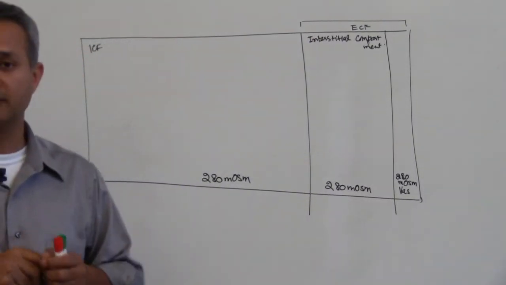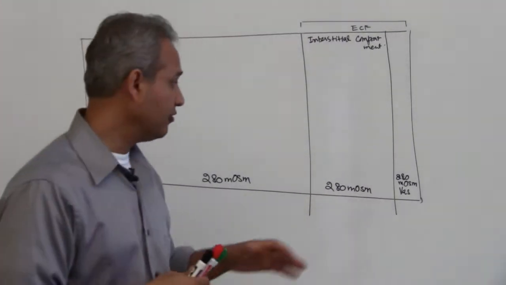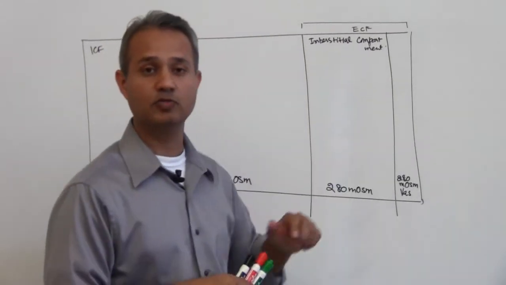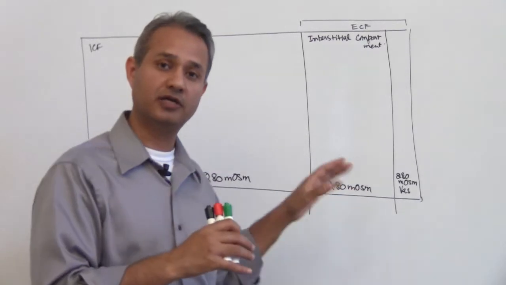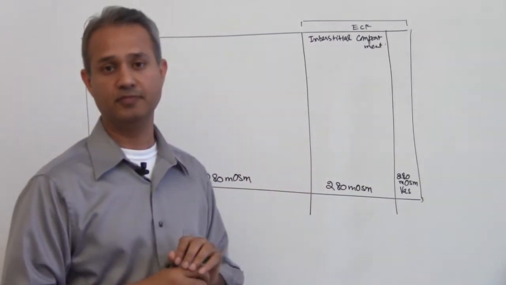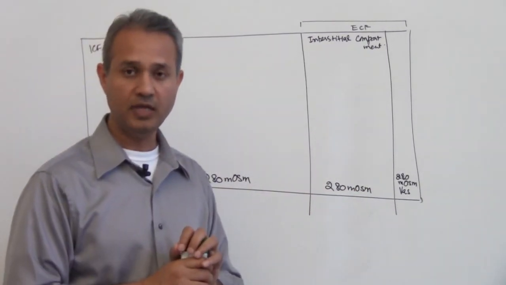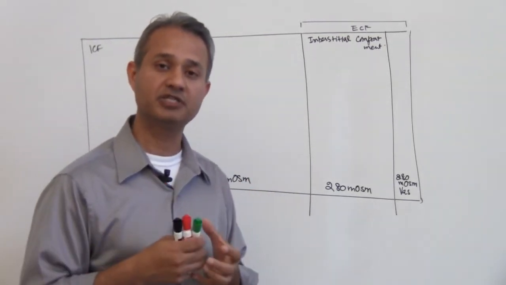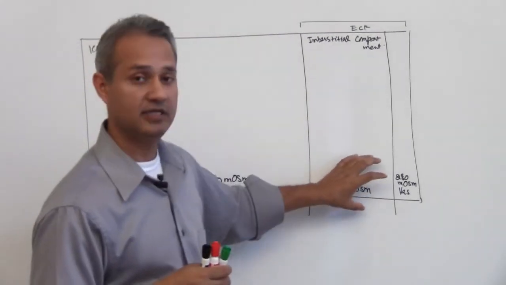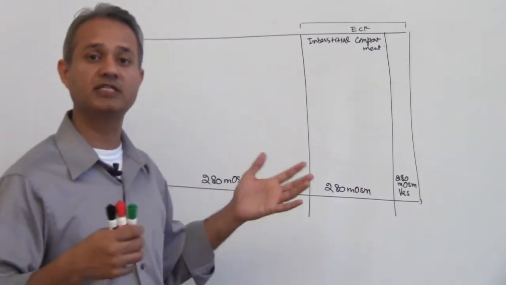Any fluid which also has the same osmolarity is said to be isotonic with the body fluids. The tone or the tension or the osmotic pull or osmotic pressure in that fluid is going to be the same as this. What does that mean?